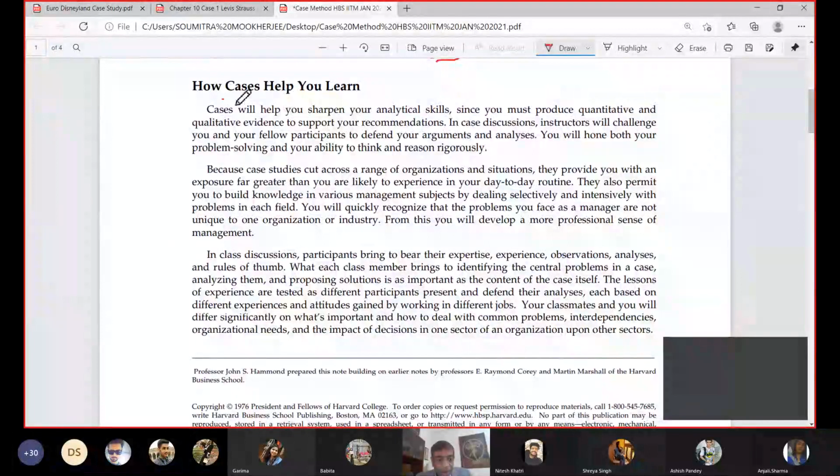Now, how do cases help you learn? Cases help you sharpen your analytical skills. One, it really helps you to strengthen your analytical skills. What is analytical skills? Analytical skills is something where you improve your power to analyze something better and more prudently.